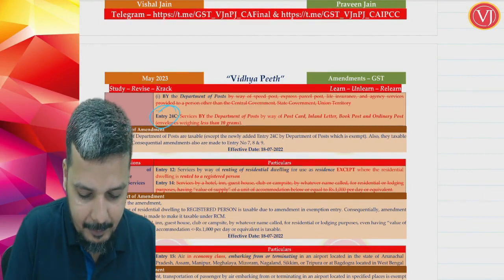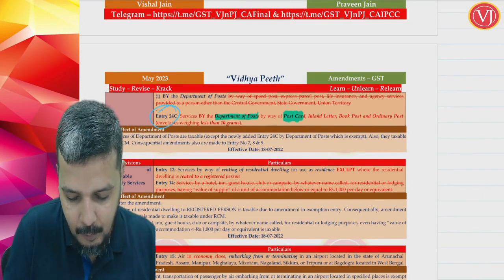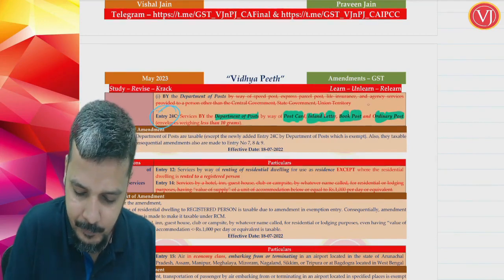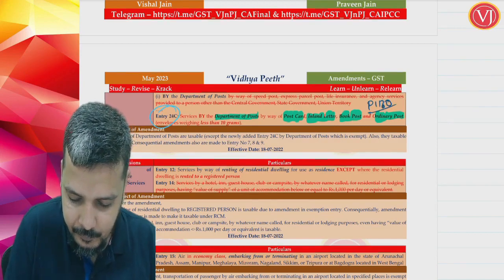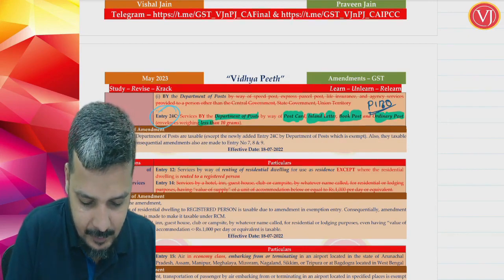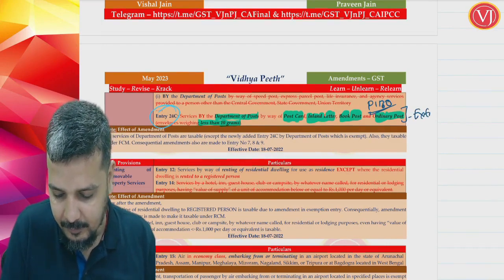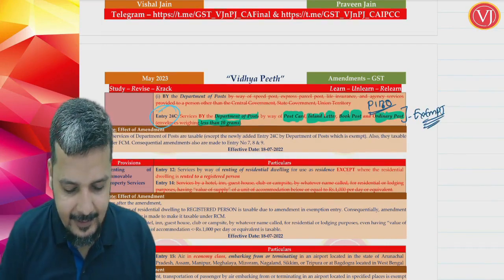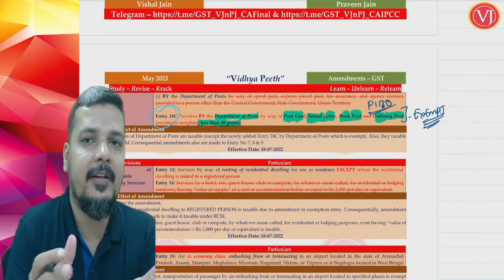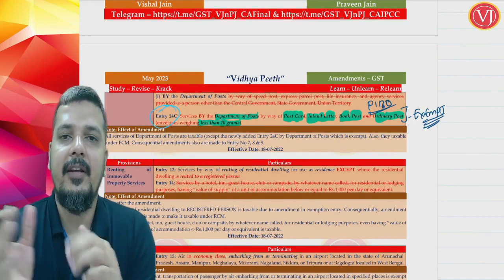The services by Department of Post by way of postcard, inland letter, book post or ordinary post where the weight is less than 10 grams, in that case it is now exempt. So previously indirectly they said that this is taxable, everything else is exempt. Now they have said no. What is exempt is clearly said, everything else is taxable.